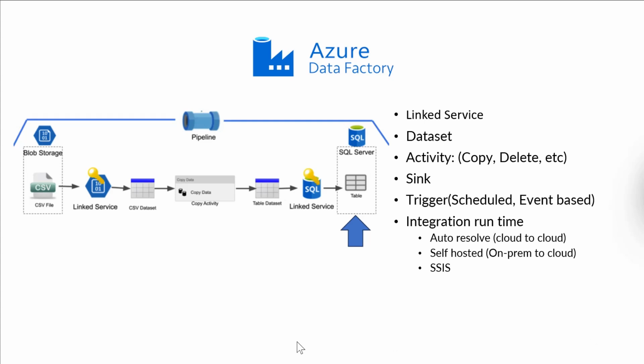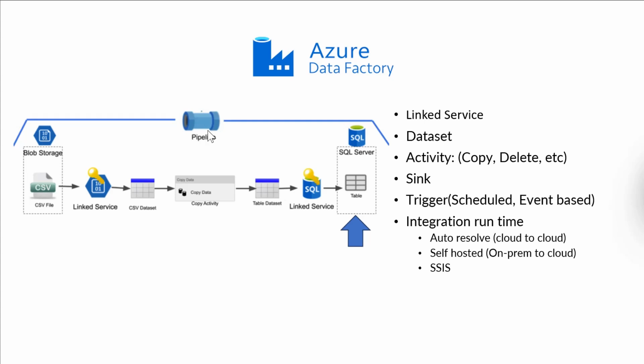One more thing that is good to know here is the difference between activity and pipeline. So activity, as I said earlier, is a task for copying or deleting or something like that. And pipeline is a tool for creating orchestration in the ADF. So a pipeline basically can contain multiple tasks or multiple activities.